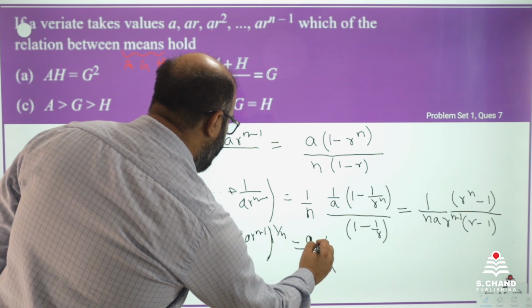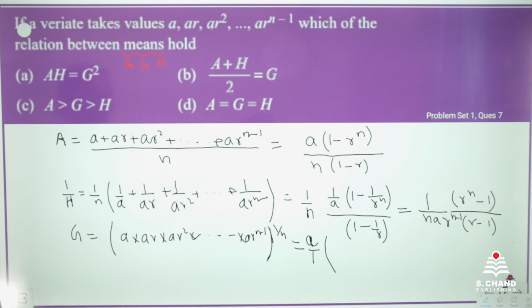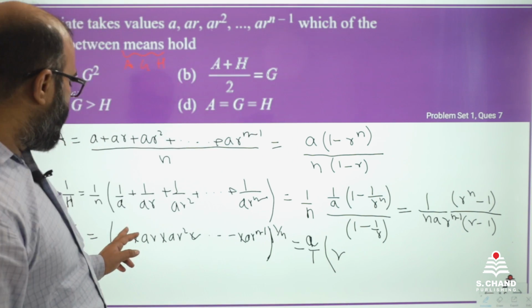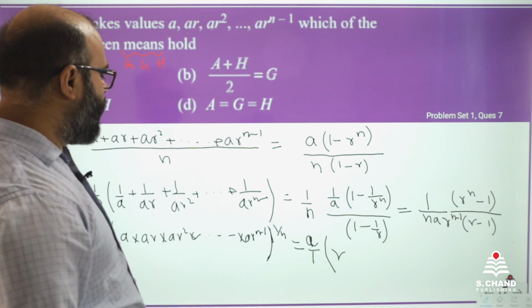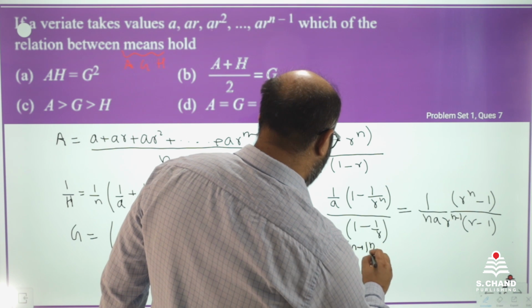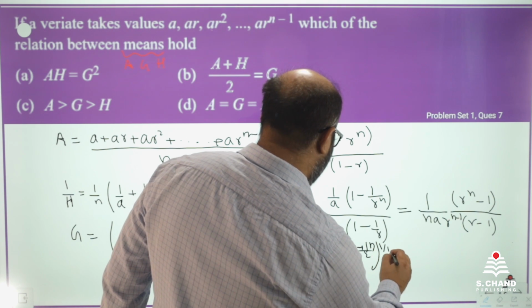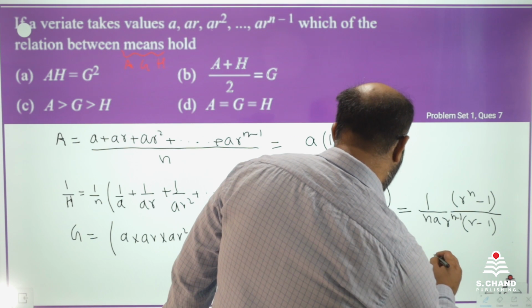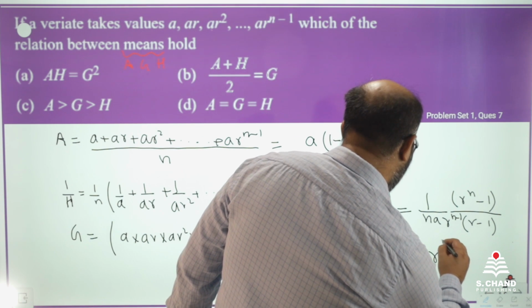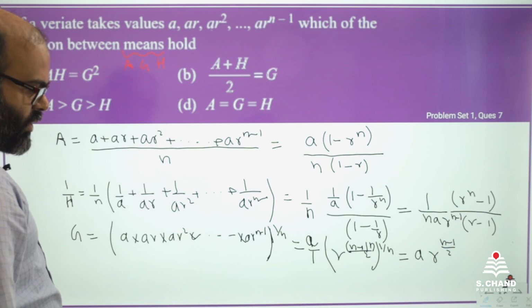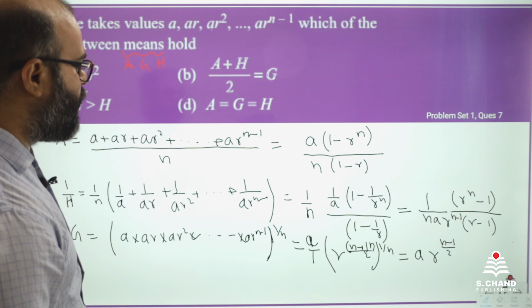So A will come in the numerator as A to the power n, nth root is A, and R to the power, the sum is 1 plus 2 plus 3 so on till n minus 1. So n minus 1 into n by 2 and nth root of this. So this will be equal to A R to the power n minus 1 by 2. You can write it like this.